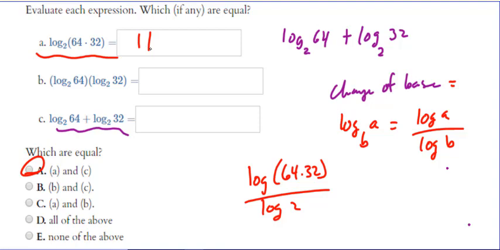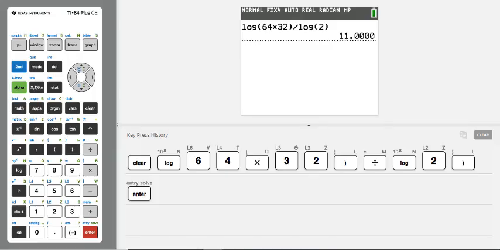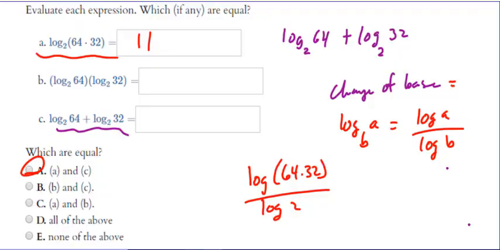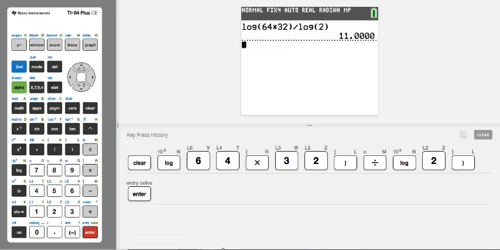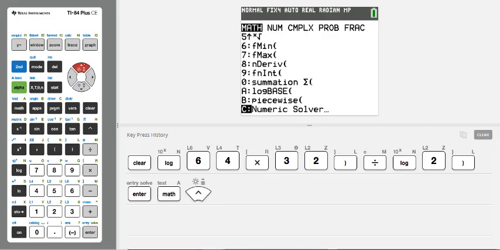Now, I'll show you how to do this one. Log base 2 of 64 times log base 2 of 32. Okay, so if I go math, arrow up, on mine, it's called log base. You may not have this if you have an 83 or an 84 with an old program. But if you got an 84 that is updated, you've got this functionality.